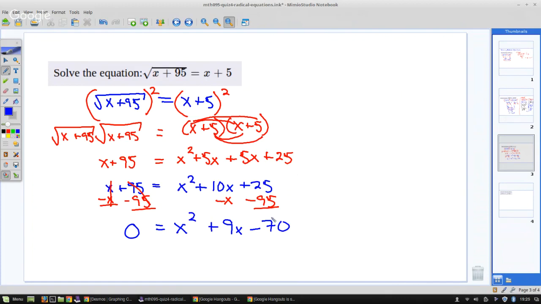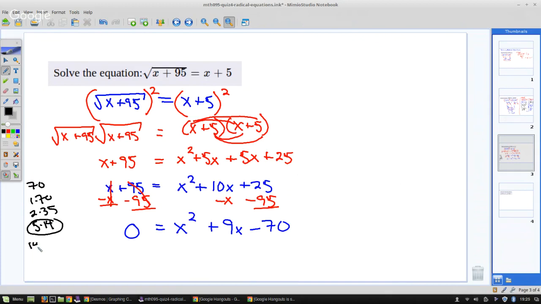So let's see, 70, what are the factors of 70? Let's squeeze that over here. And it's negative, so I'm gonna have to subtract. So 1 times 70, 2 times 35, 3, nope, 4, nope, 5 times 14. Oh, we got a winner.